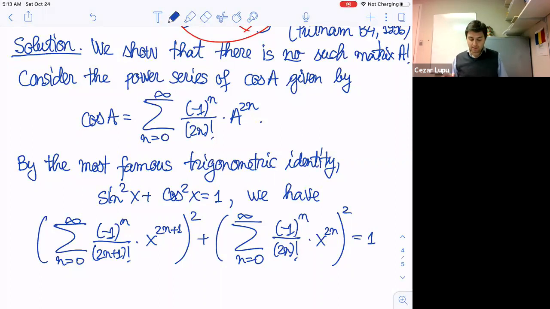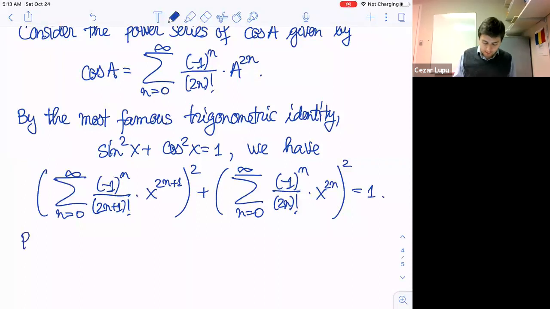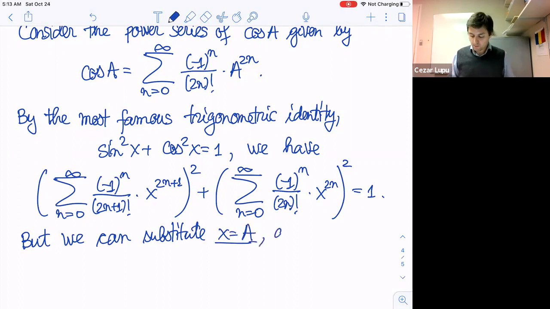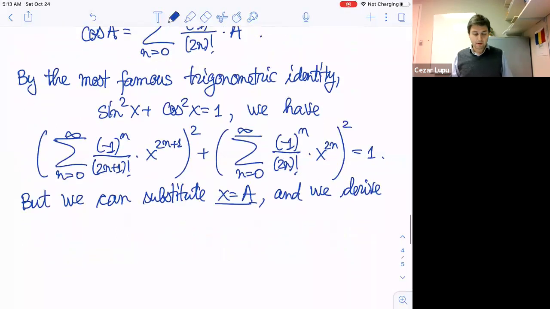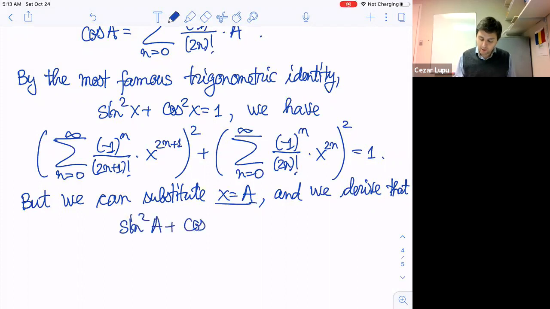We can substitute x to be A, and we derive that sine squared of A plus cosine squared of A equals the identity in our case. All right, but let's look.